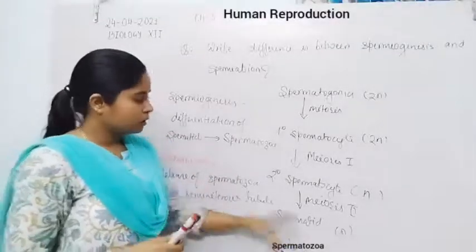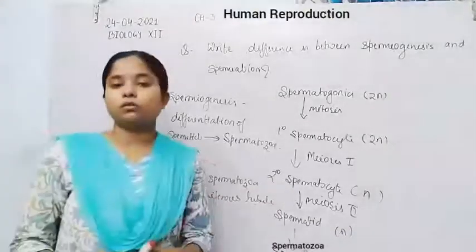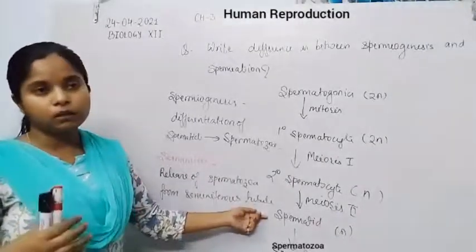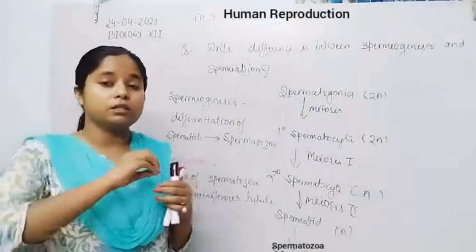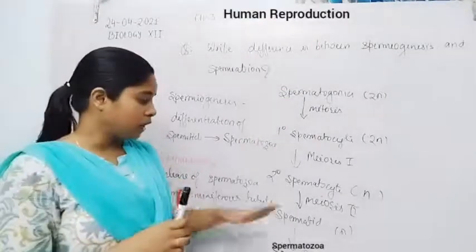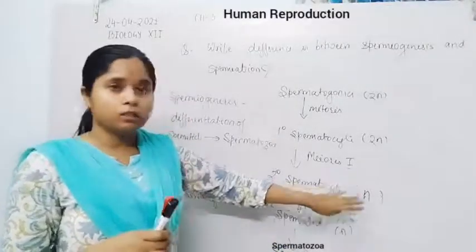Now, spermiation is the release of spermatozoa from the Sertoli cell and from the seminiferous tubule. When they fully develop, they detach, because after the differentiation process, the spermatozoa get embedded in the Sertoli cell.